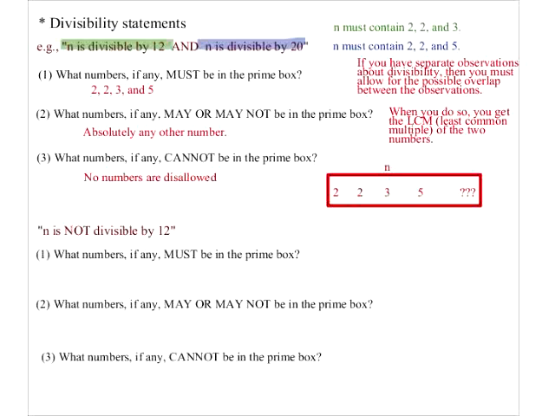Okay, let's take a look at another statement. N is not divisible by 12. When you take a look at this, note that 12 is 2 times 2 times 3.